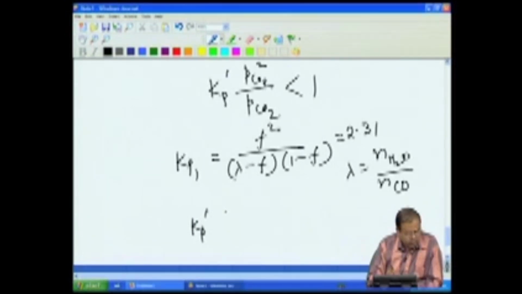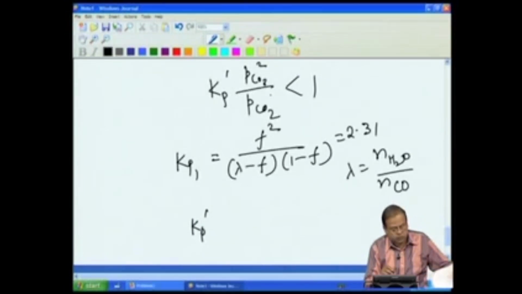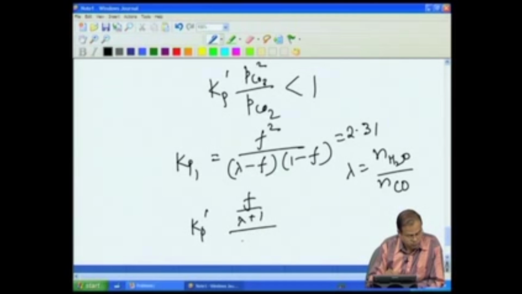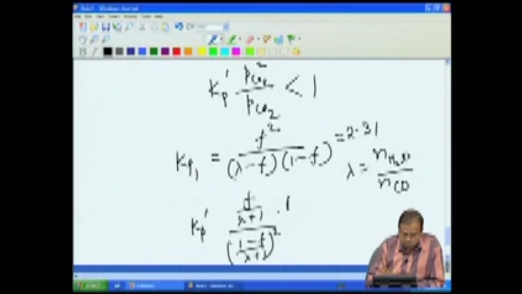So, I have another equation, I can write this as, so, this has to be greater than Kp prime.